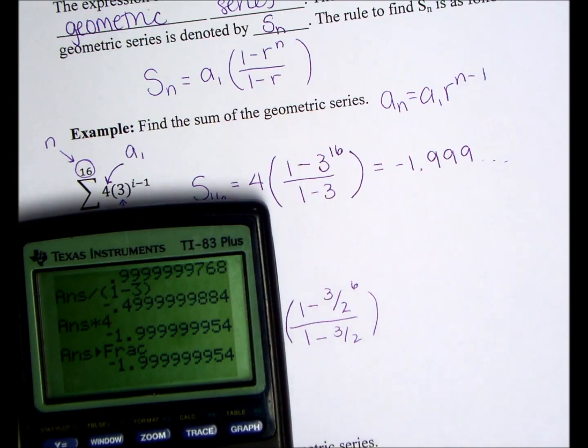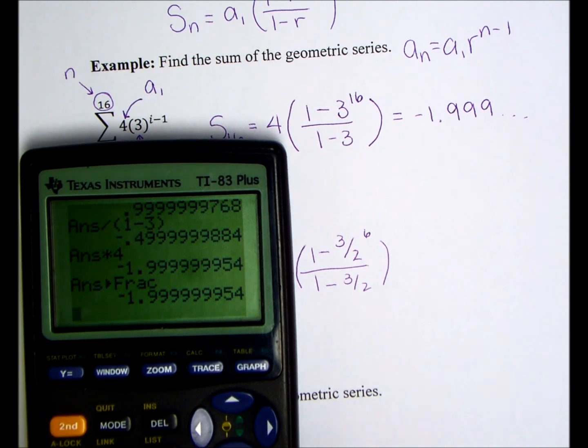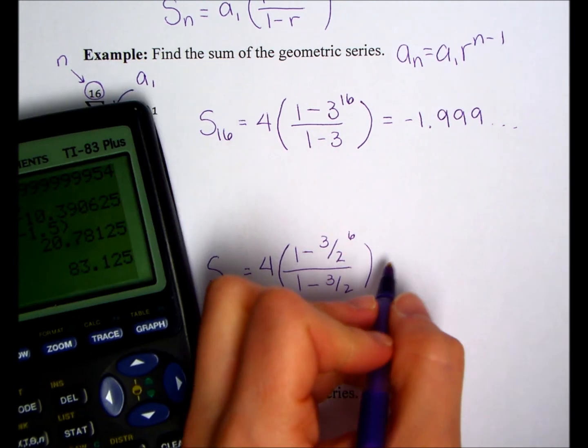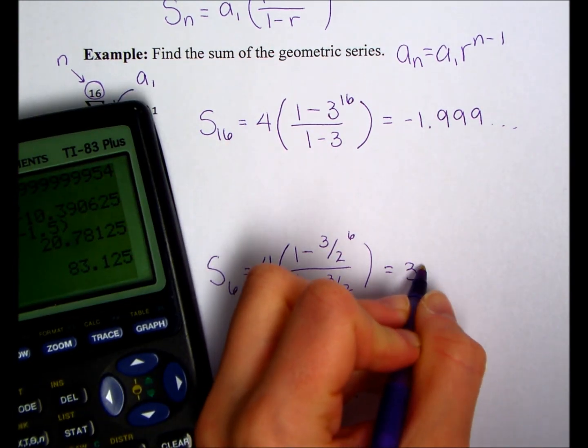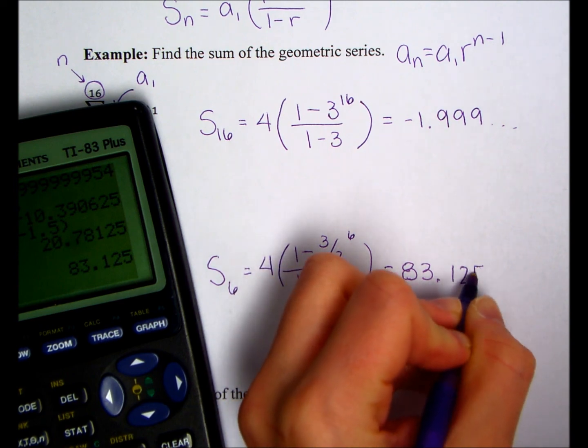So 1 minus 3/2 to the 6th power. 3/2 is the same as 1.5, so I'm going to do 1 minus 1.5 to the 6th power. Okay, so we get this number. And then I'm going to divide that by 1 minus 1.5. Okay, so I get 20 and change. And then I'm going to finally multiply that by 4. And when I do it, I get 83.125.